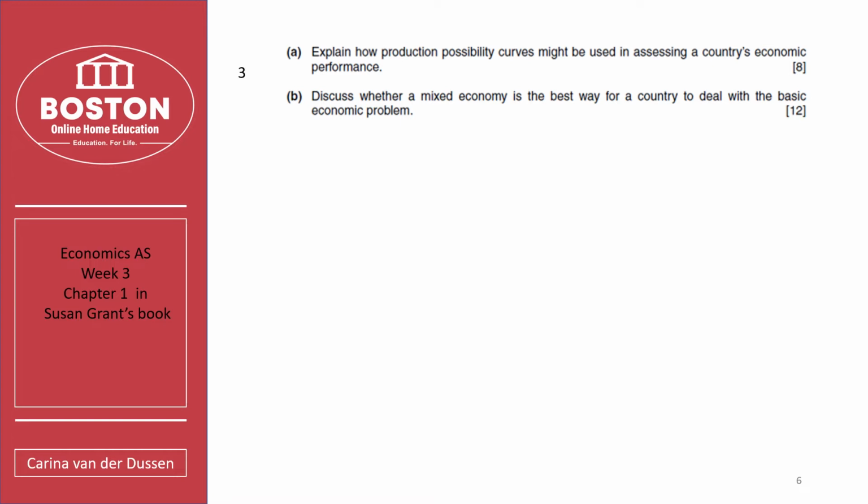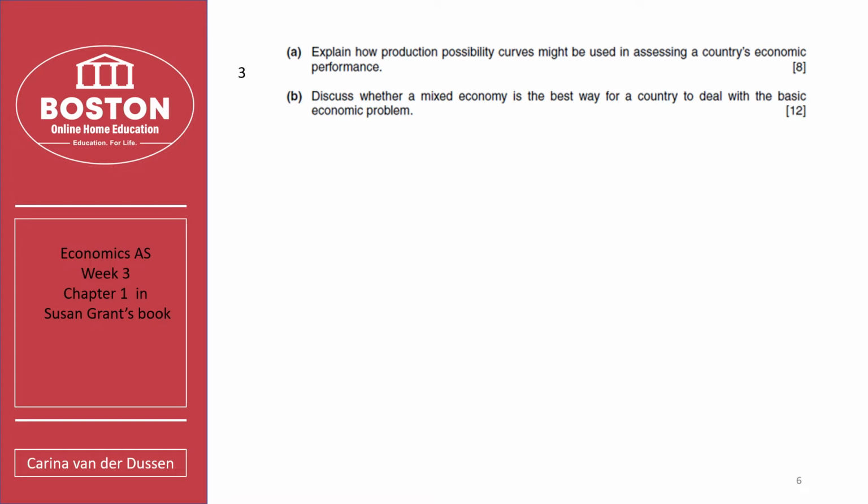So if possible, we could have calculated how much we would be able to produce at every point on that production possibility curve. So what it says is, if we are producing with unemployed people, there's a lot of unemployed people, we can't be producing on the production possibility curve. If there are still pieces of land that we are not using, we are not producing on the production possibility curve.